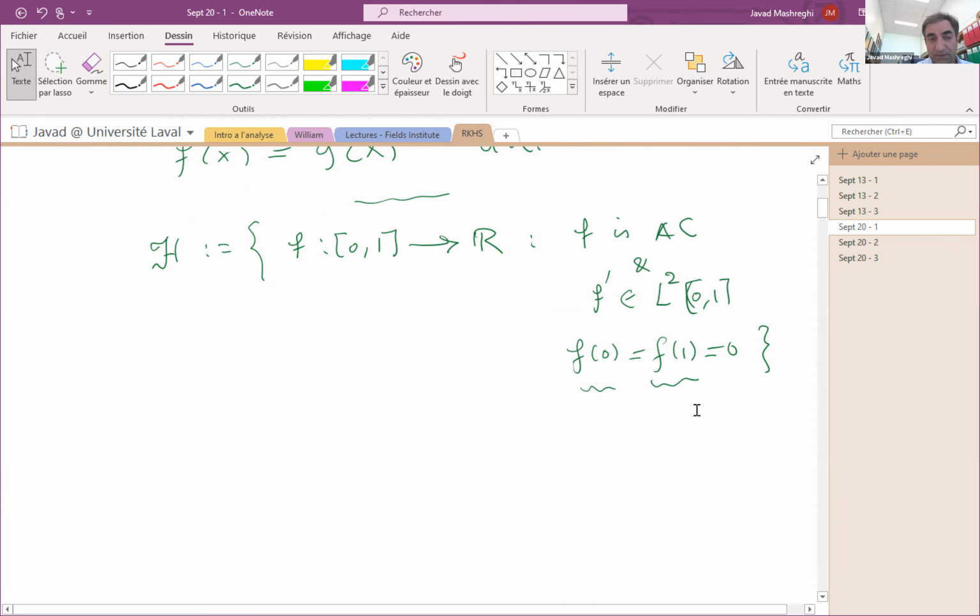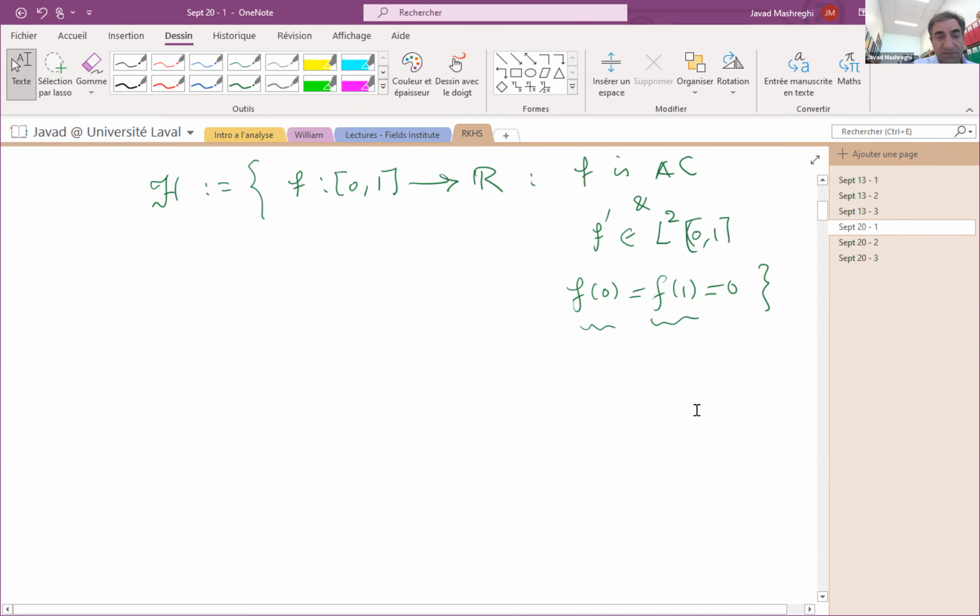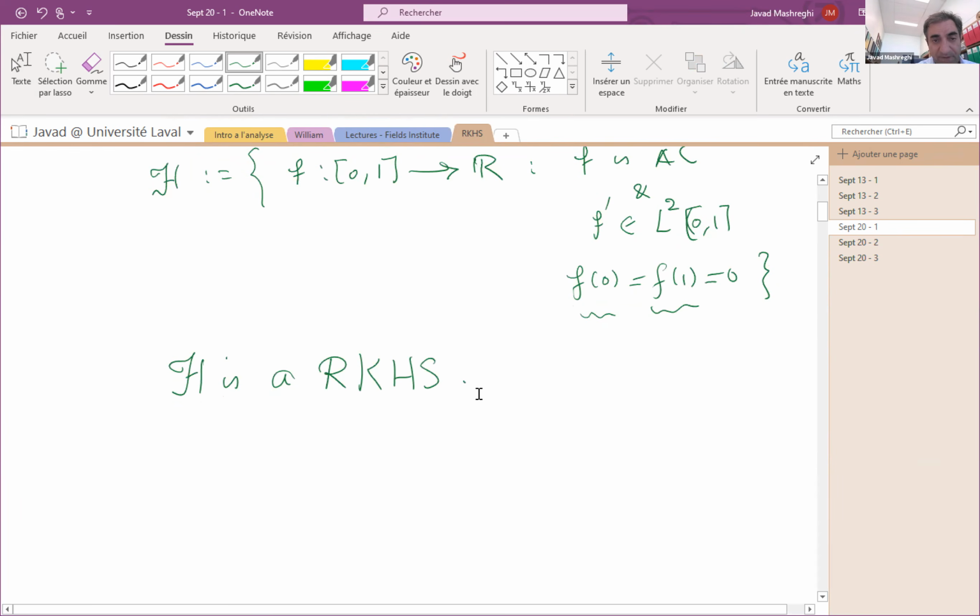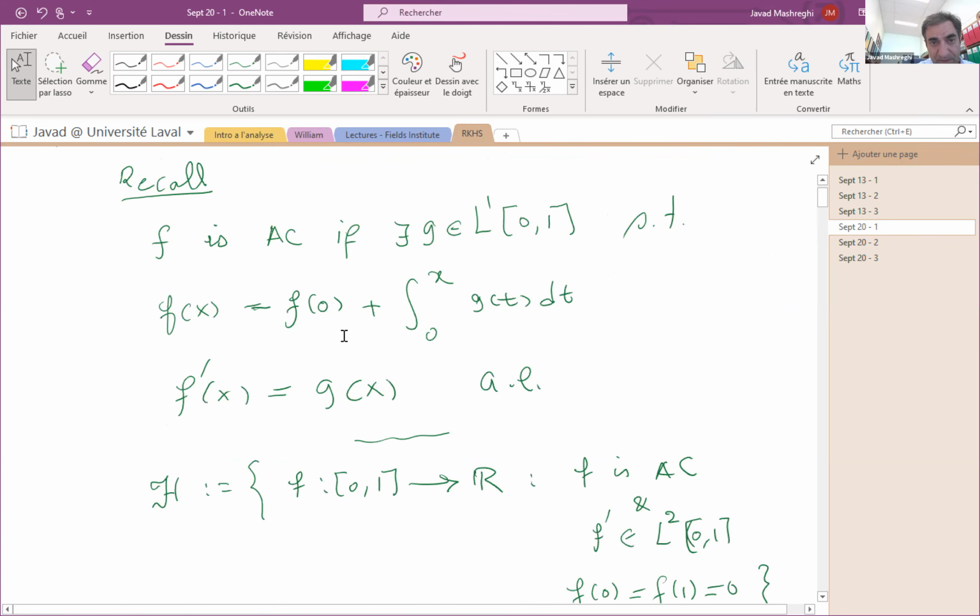We saw that H is an RKHS. I don't go into detail. And also for the evaluation of f at point x, we have this representation here, and f(0) is 0.